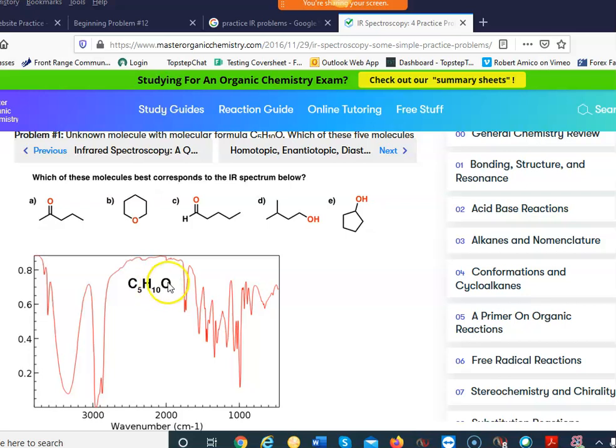So here's the thing. If I did not give you the formula, then you would have no idea if it's D or E. If I did not give you the formula and said, which one of these is it, you would say it's either D or E. More information would have to be given. Just remember, IR just gives you functional groups. It doesn't tell you anything about the structure. NMR will tell you which of these structures it is.